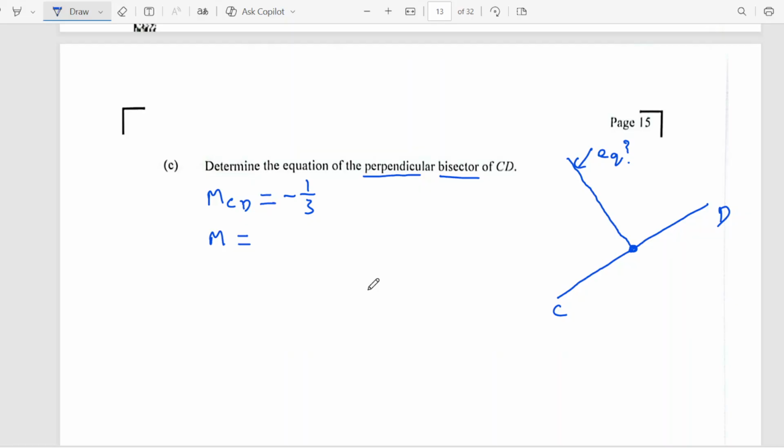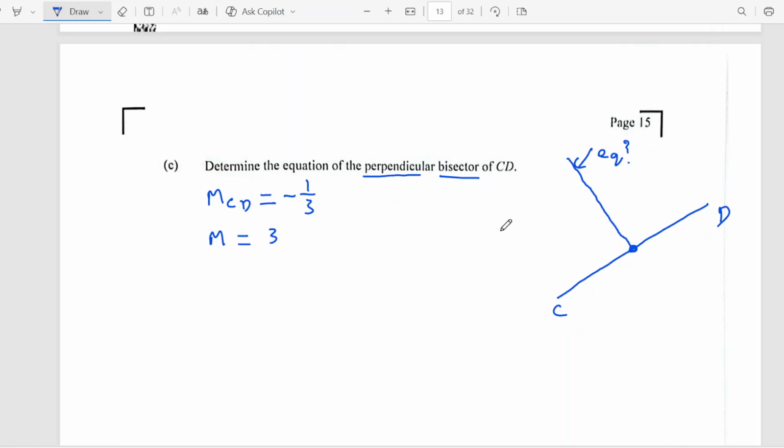It's the negative reciprocal. So it will be 3. Right? So once we have 2 perpendicular lines, if we have the gradient of one, the gradient of the other is the negative reciprocal, meaning we flip this around, which becomes 3 over 1, which is just 3. And this is a negative, so in this case, this one will be a positive. Right? So the gradient there is 3.